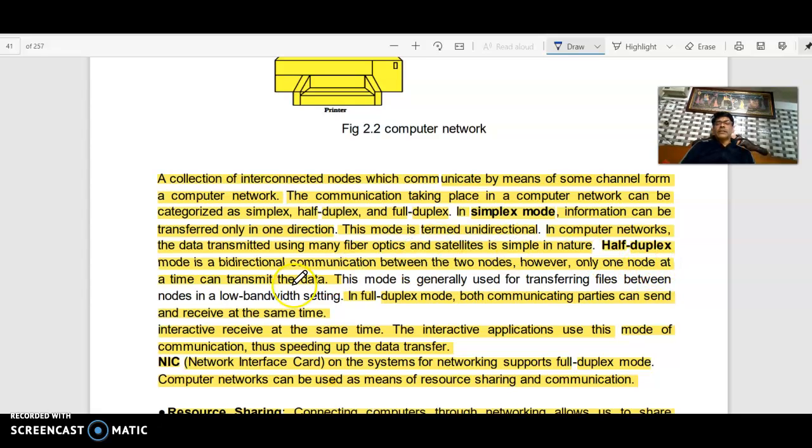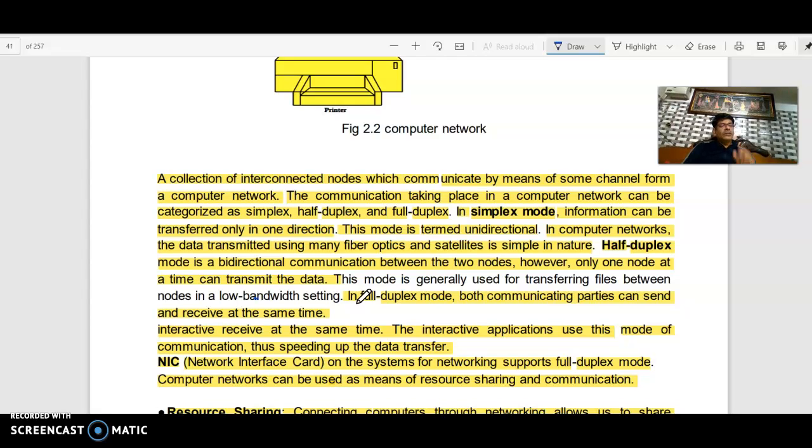Then half duplex mode is bidirectional communication between the two nodes. However, only one node at a time can transmit the data. This mode is generally used for transferring files between the nodes in a low bandwidth setting. Data transfer rate is less.